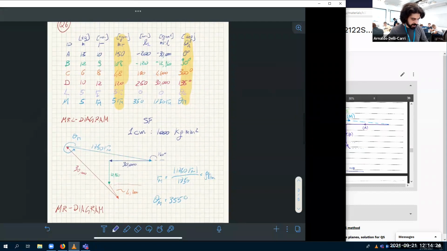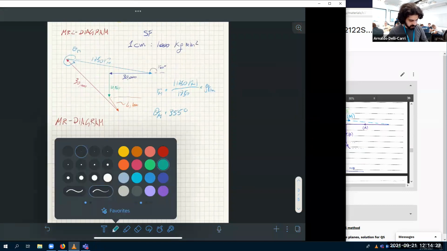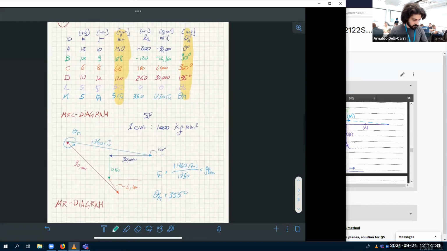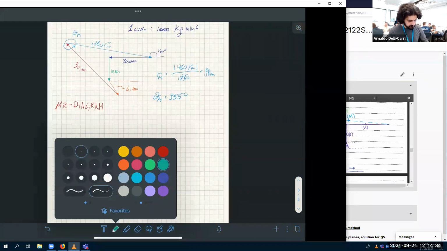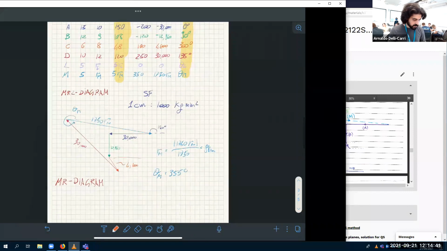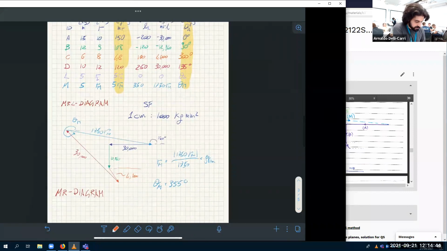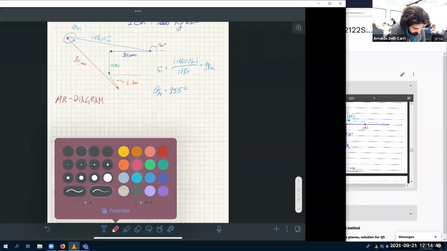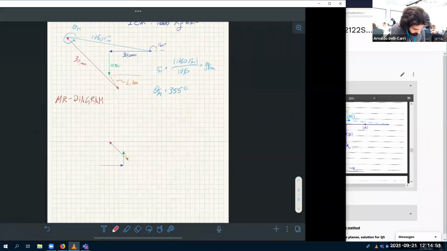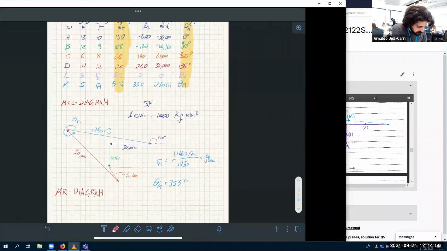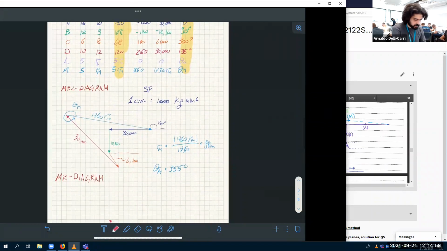Now we have 108 at 90. And then we have 48 at 300. And then we have 120 at 135. And then we have 98. So how much is RM?